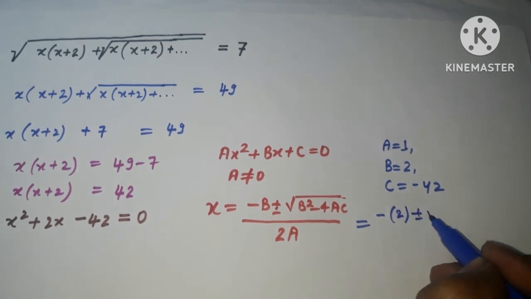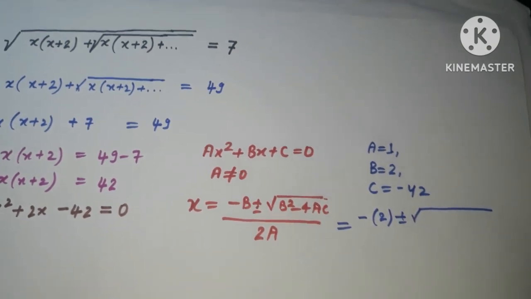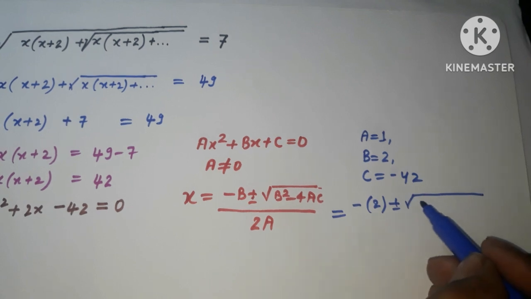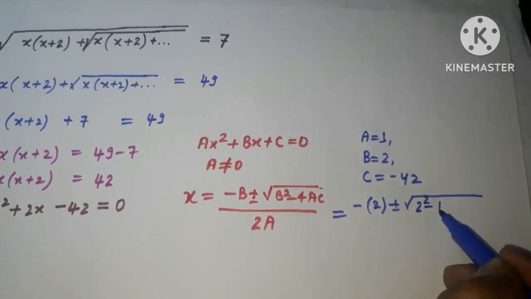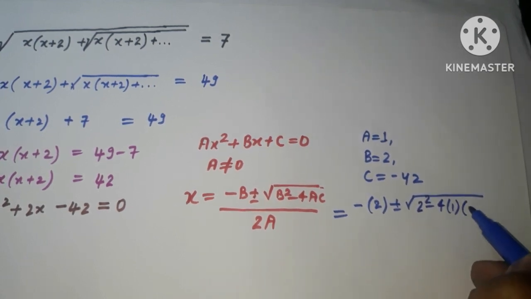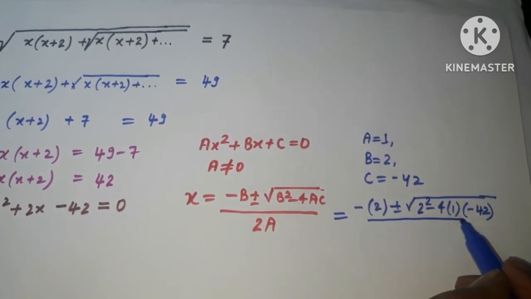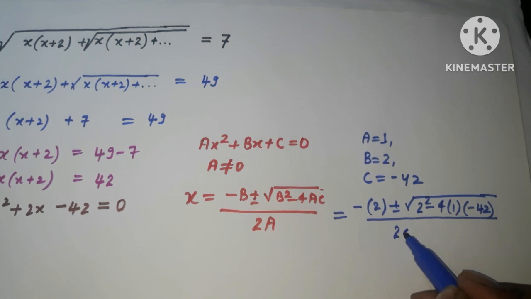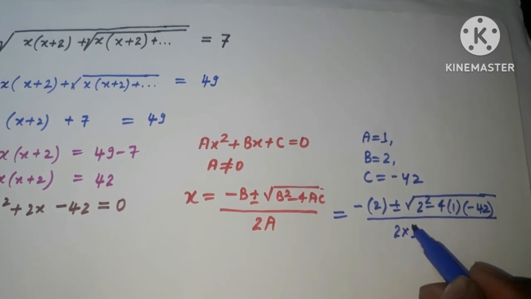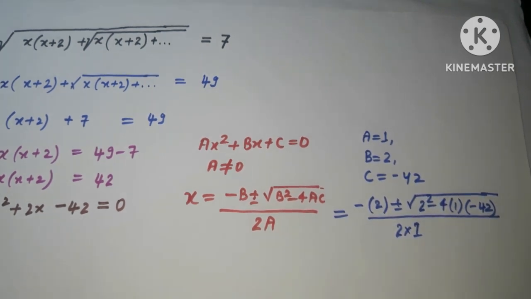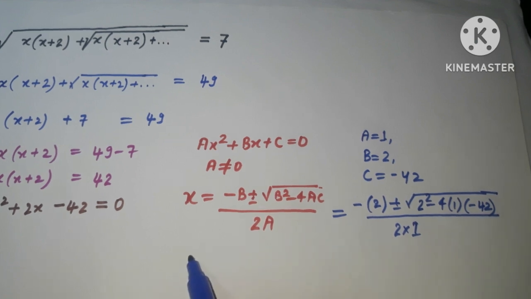So we are just going to put all those values over here. So we have minus 2 plus minus root under b square minus 4ac. So b is 2 square, minus 4, a is 1 here, and c is negative 42, and that is divided by 2a. So a is 1, so nothing is going to change over here.